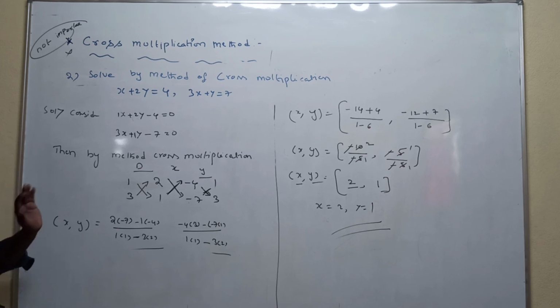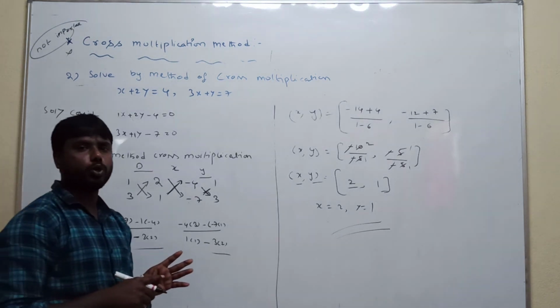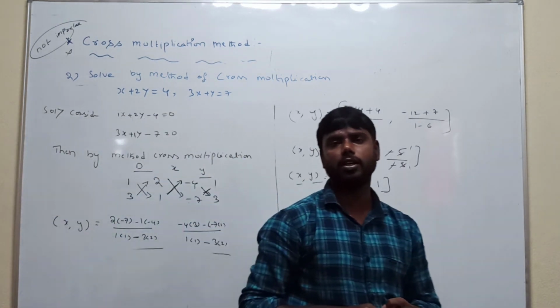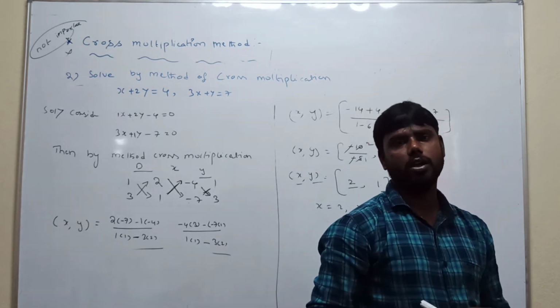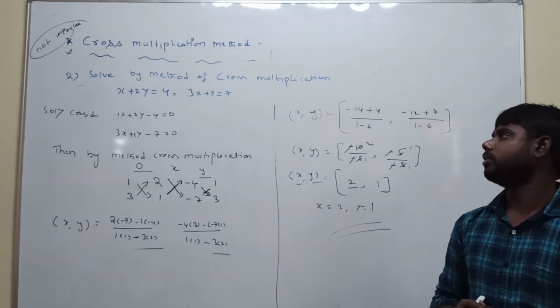I am only explaining it because it is also in the textbook. But for the final exam, don't practice this method. Only practice the substitution method and the elimination method. Okay? Everyone understood? Is it clear? Thank you everyone.